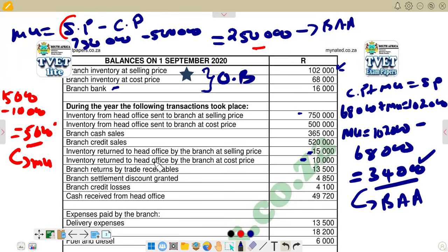It's only going to affect the branch inventory account, whereby we are saying they're coming back to the branch, so we're debiting the branch inventory account. And then the corresponding entry, we are supposed to credit the trade receivables, of which you don't have trade receivables in the question. So we are not going to do the credit part. We're only going to debit with 13,500 in the branch inventory.